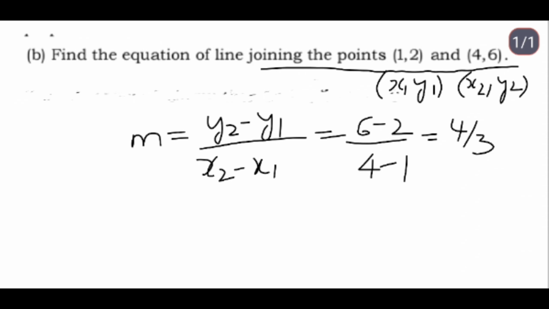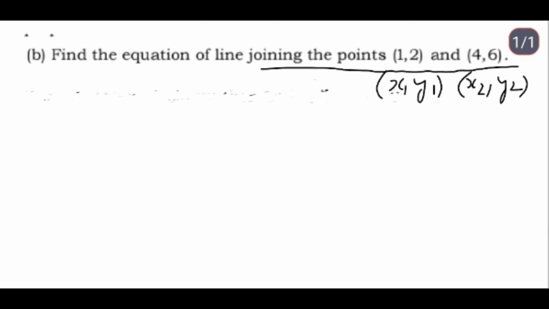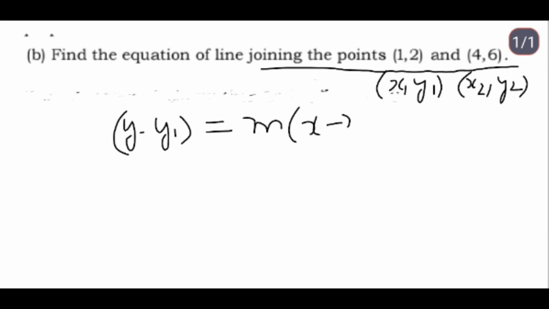Now take the slope and a point. You can take any one point, I'll take (1, 2). The slope form equation I'm going to write: y - y1 = m(x - x1).